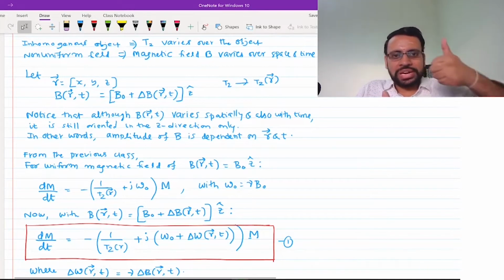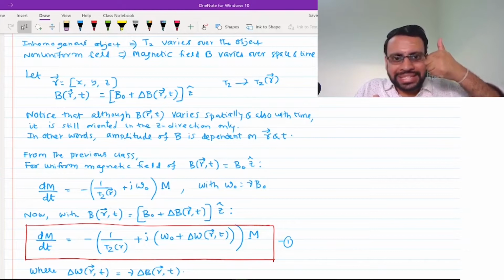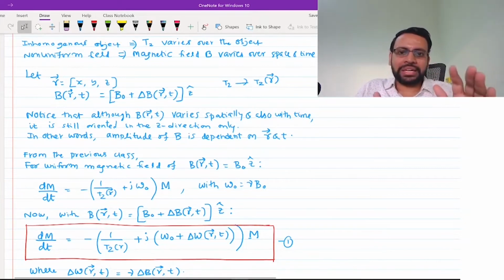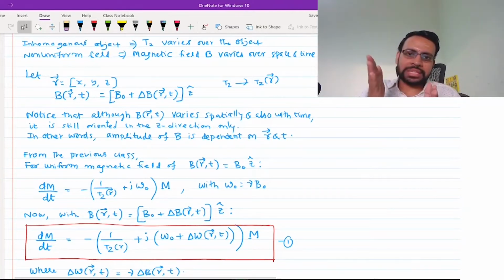So at every point your B value is there in the Z direction only, but the amplitude of that vector, earlier in the previous class we had a uniform magnetic field, so we simply had B naught there.